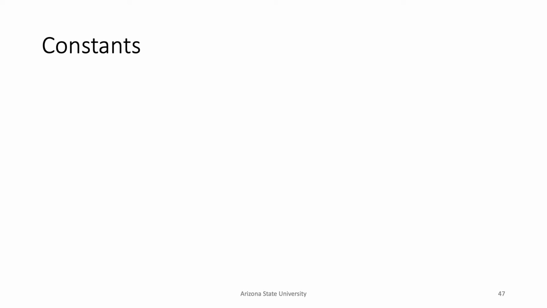Okay, so let's see how far we can get into constants. So far we have variables that can obviously change, they can vary. But what if you wanted something that you can be sure never changes throughout the course of the program, either unintentionally or intentionally? That's where constants come in.